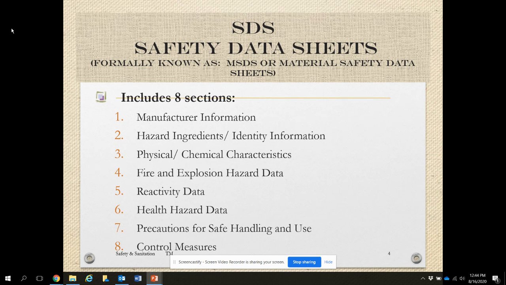So that's kind of my example. Health hazard data. So what health problems this can cause? Can it cause skin irritation? Can it, if you use it in an enclosed area and you're only supposed to use it outside, cause respiratory problems, stuff like that?